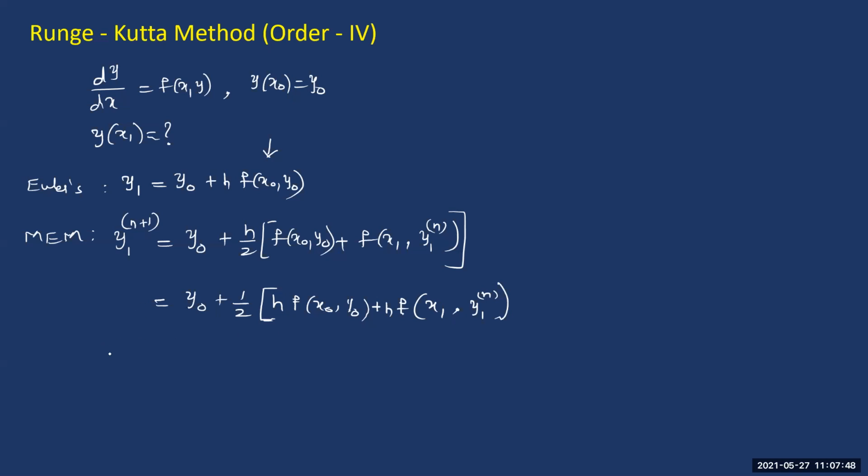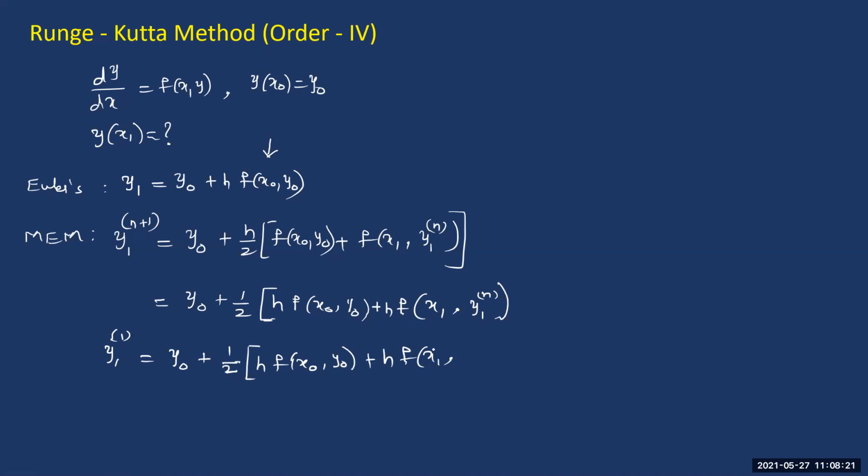For example, if this is y1 first approximation, then what it is: y naught plus 1 by 2 times h into f of x naught y naught plus h into f of x1 comma, here we should write actually y1 initial approximation.